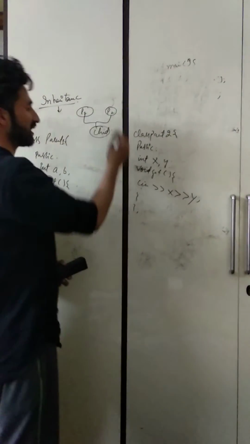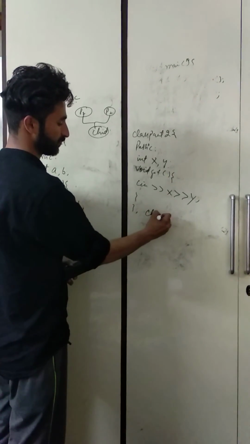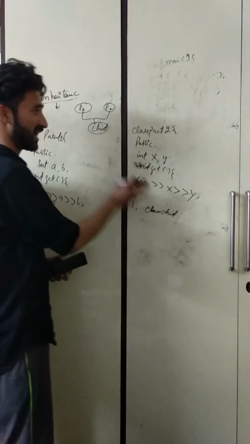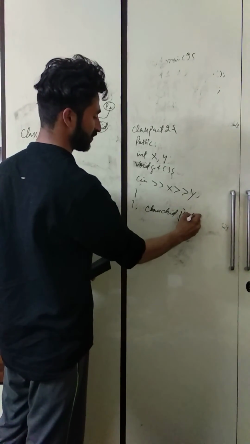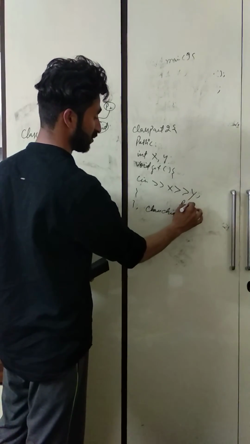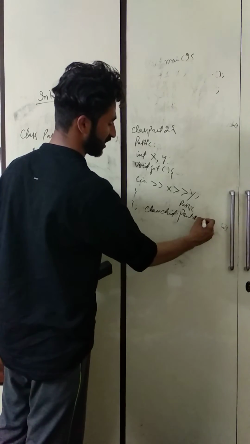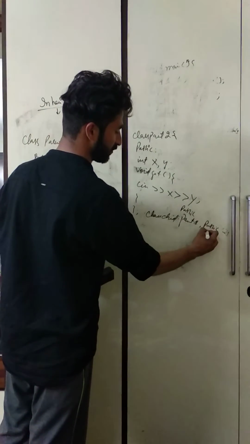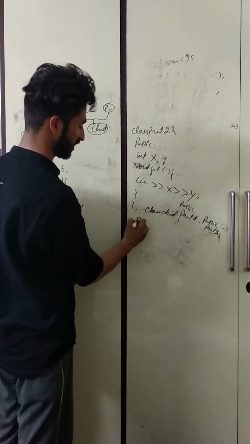I am writing the third class as child, class child that inherits both parent 1 as well as parent 2. I am writing public parent 1 comma public parent 2. The public access modifier must be there.